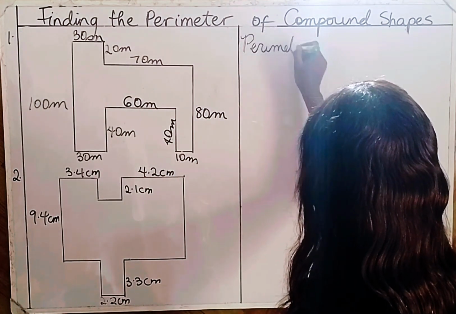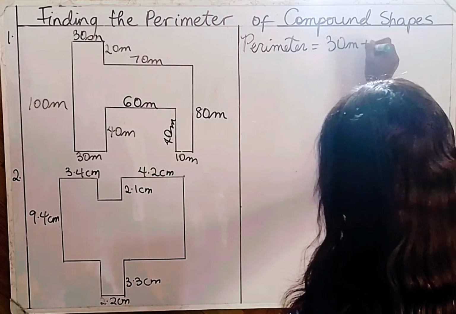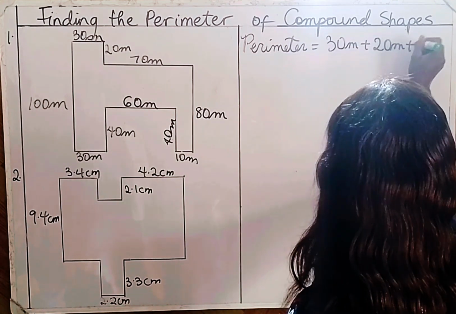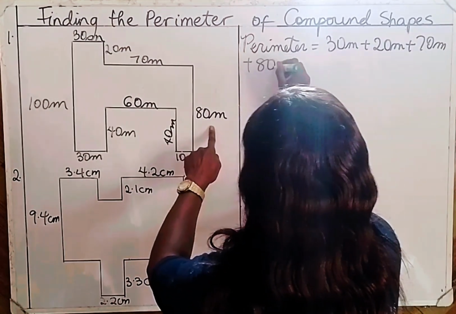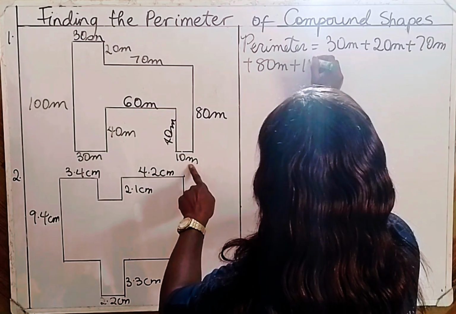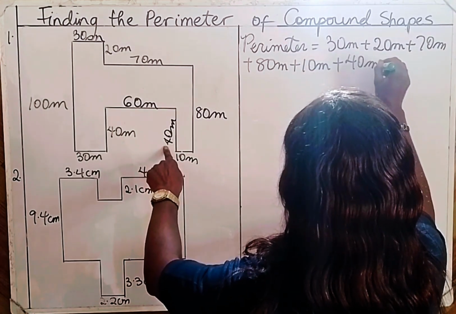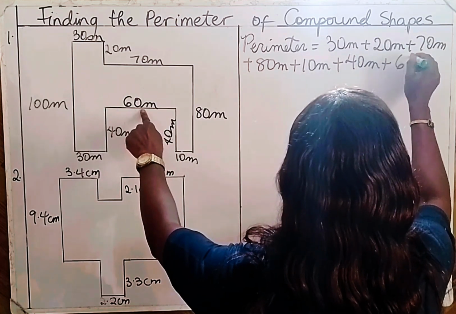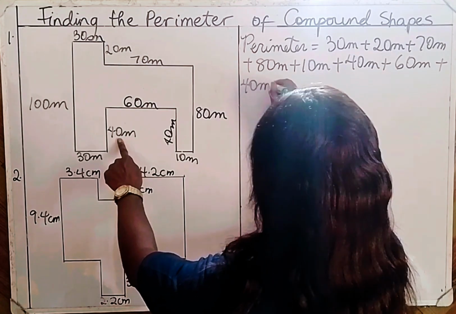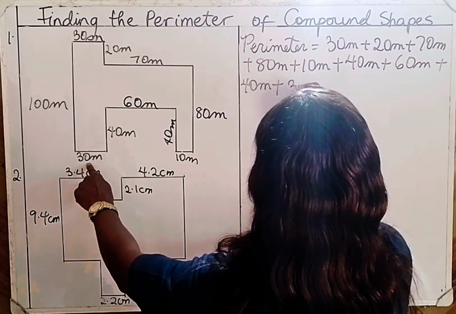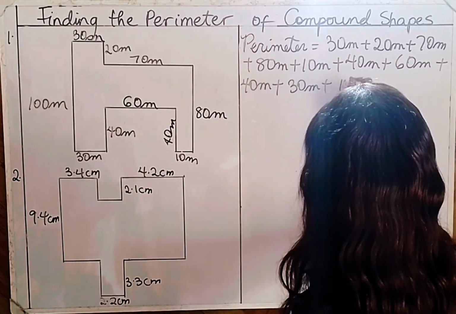Perimeter equals 30 meters plus 20 meters plus 70 meters plus 80 meters plus 10 meters plus 40 meters plus 60 meters plus another 40 meters plus 30 meters and plus 100 meters.